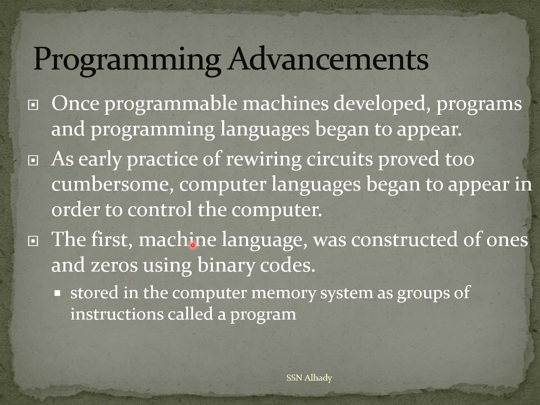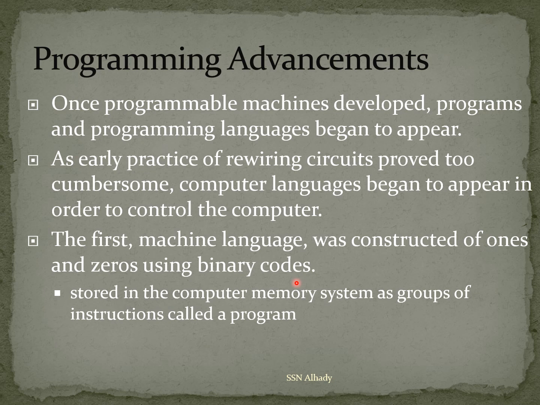Where the first machine language was constructed of 1 and 0 using binary code. The one that you've been taught is an assembly language. Assembly language needs to be converted to machine language. That's why you need a compiler.